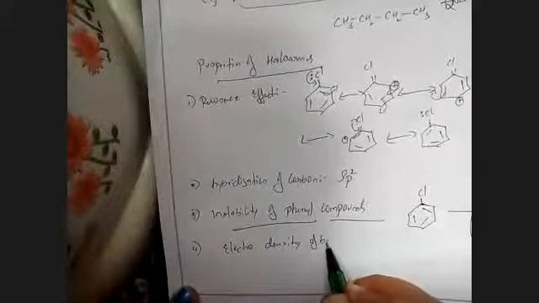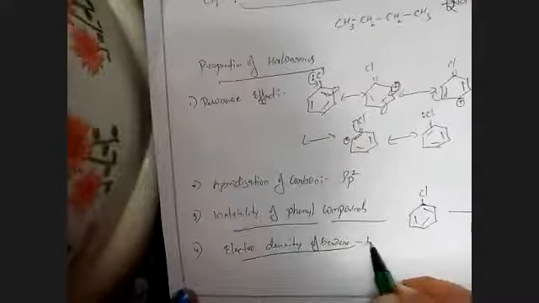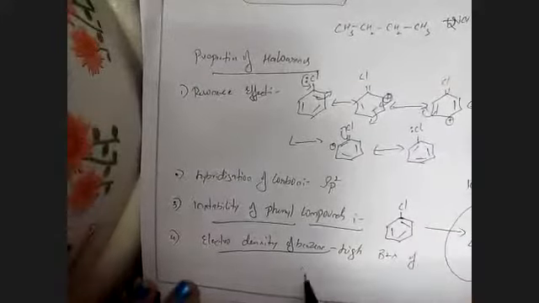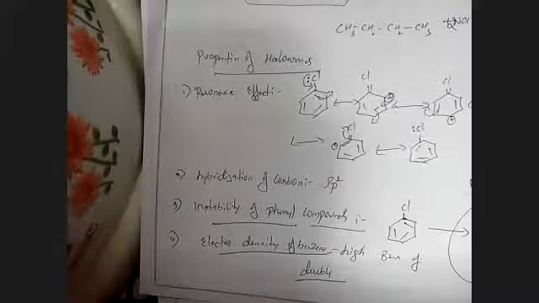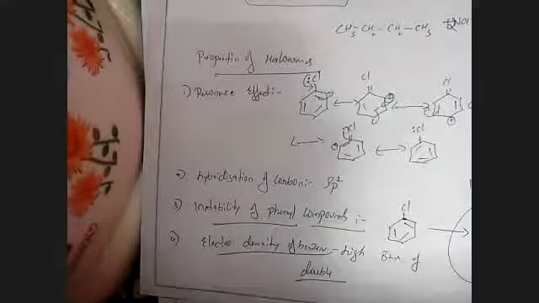Benzene has a high electron density because of the double bonds. There are three double bonds in benzene, as shown by the resonance structures, and that gives it more electron density.